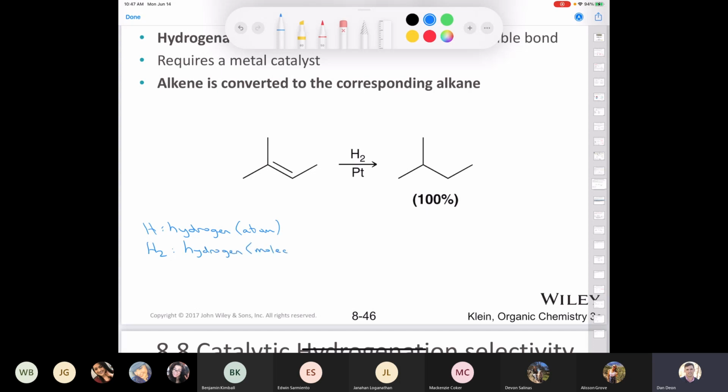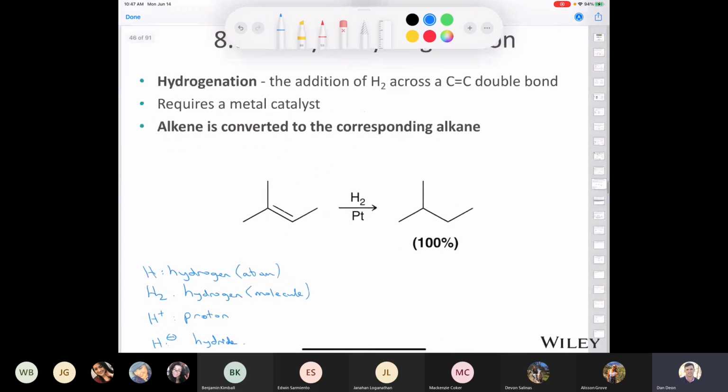This is a hydrogen molecule, okay? If you have H+, we call that a hydrogen cation, but we usually call it a proton because that's all that's left. It's just the proton in the nucleus. And if you have a hydrogen with a negative charge, we call that a hydride. Okay, it's where the hydrogen has an extra electron.